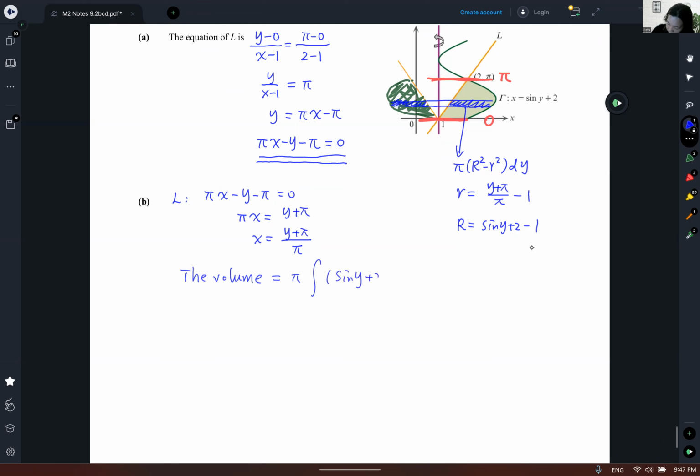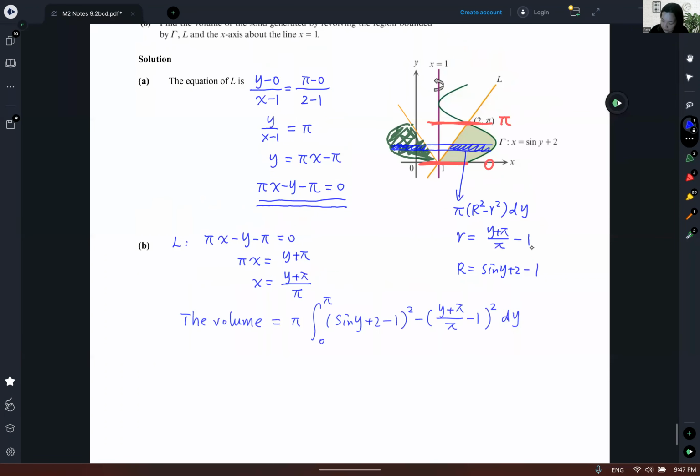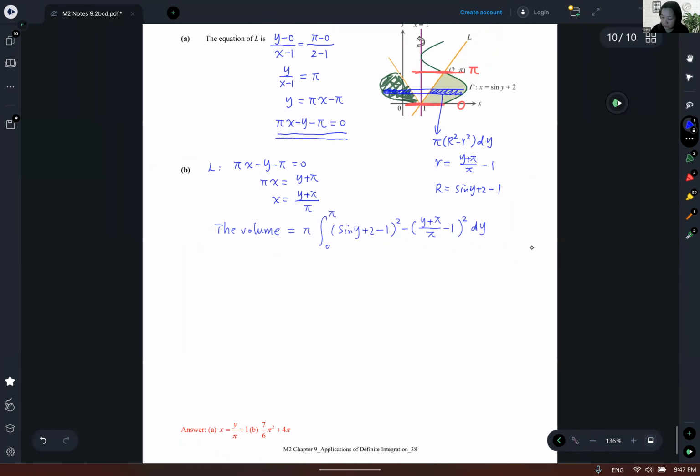Sine y plus 2 minus 1, minus 1, from 0 to π. Simplify. This is (sine y plus 1) whole square minus (y over π) whole square.